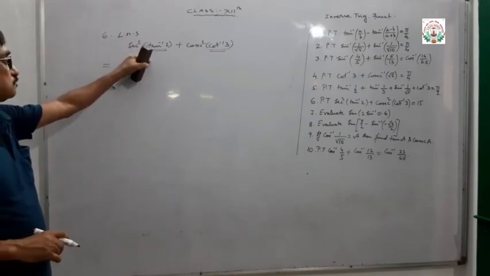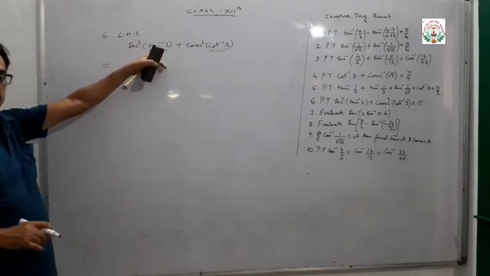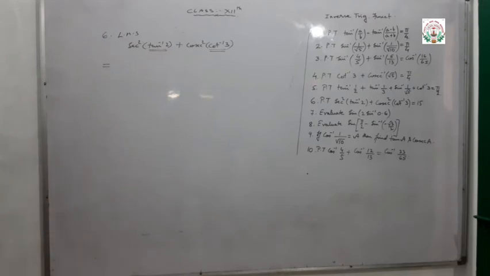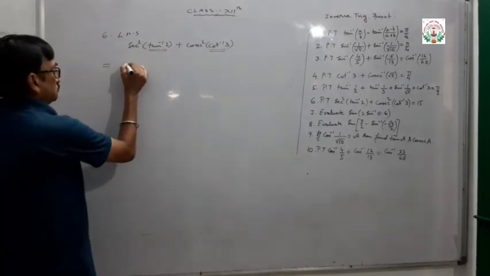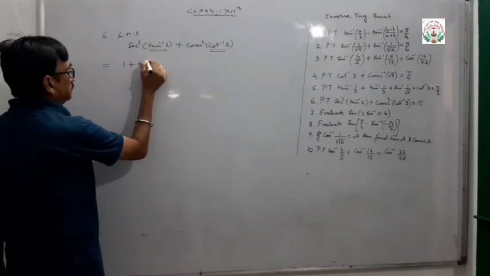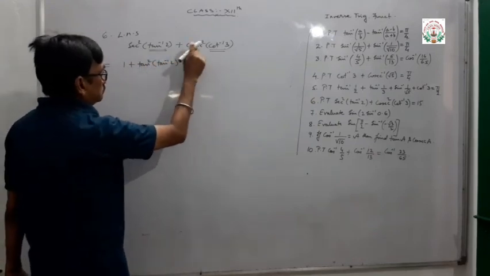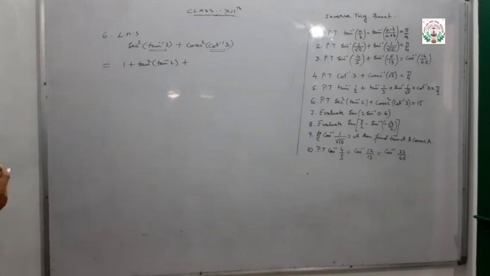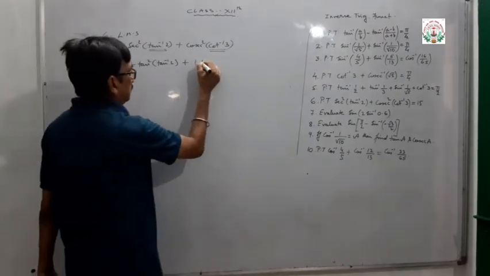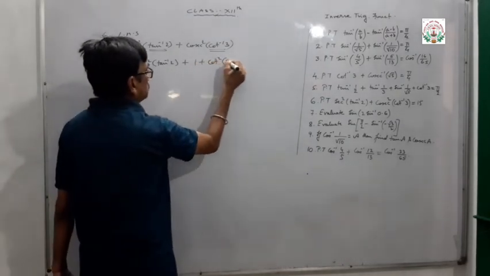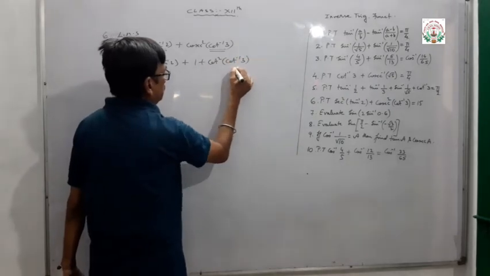From the 10th class we studied the identity, sec square theta is equal to 1 plus tan square theta. So this can be written as 1 plus tan square tan inverse of 2, and cosec square theta can be written as 1 plus cot square theta. So 1 plus cot square cot inverse of 3.